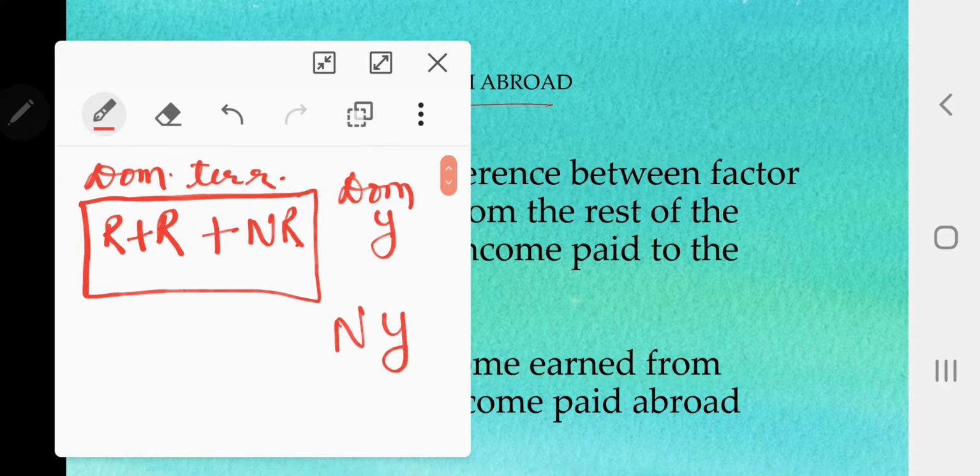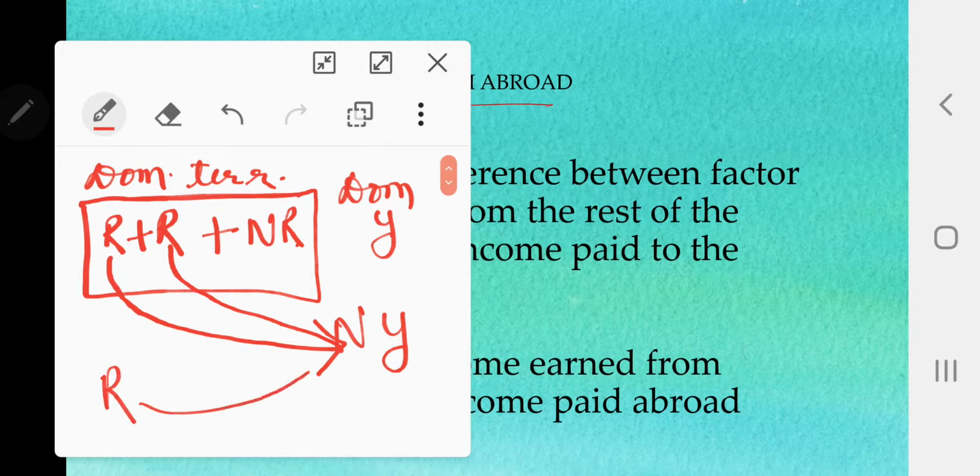Whereas national income is income earned only by residents of the country, be they located within the domestic territory or outside the domestic territory of the country.